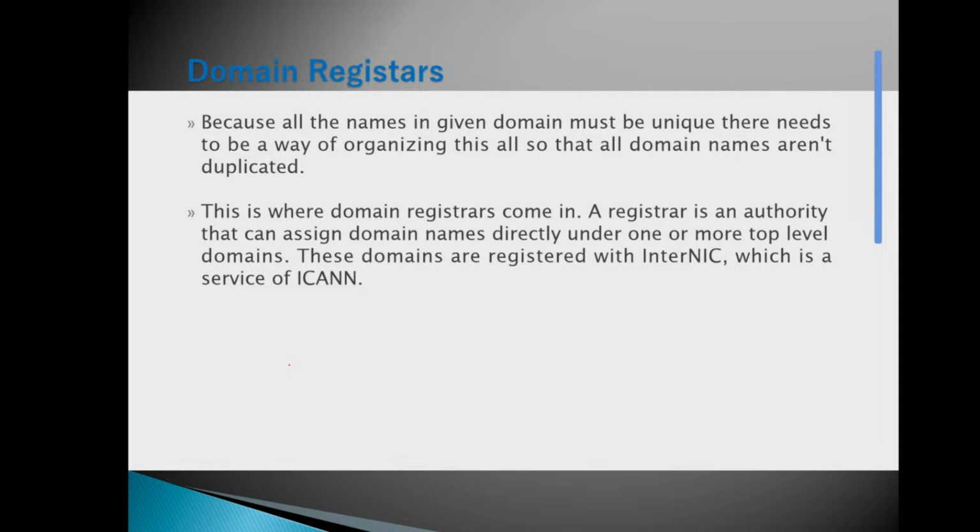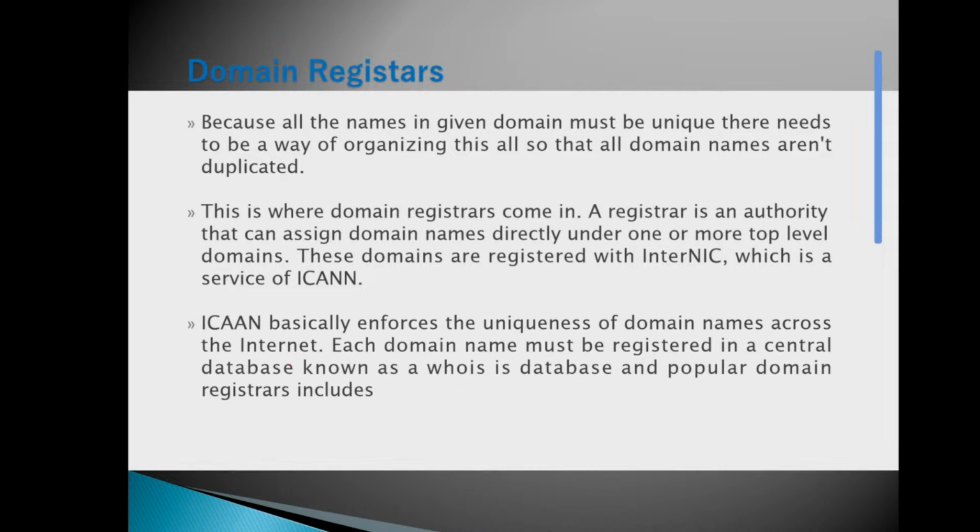A domain registrar is an authority that can assign domain names directly under one or more top level domain names. These domains are registered with InterNIC, which is a service of ICANN. So again, it's an authority of internet which is handling the uniqueness or domain registration of your website or your URL.